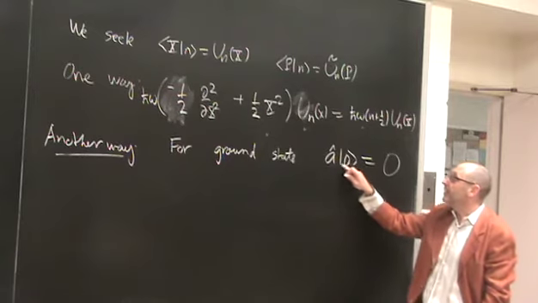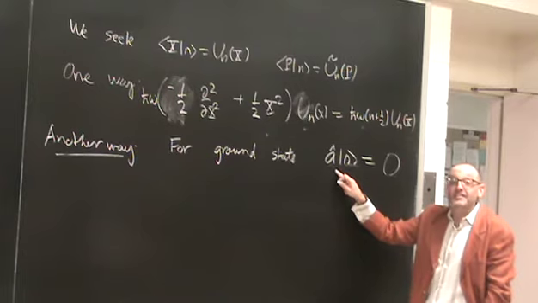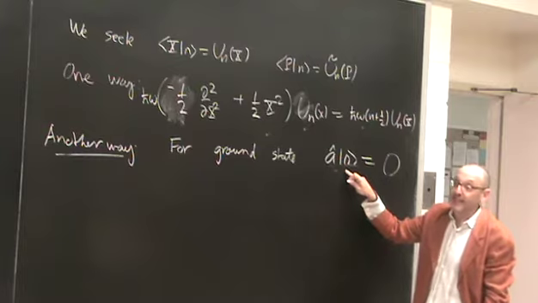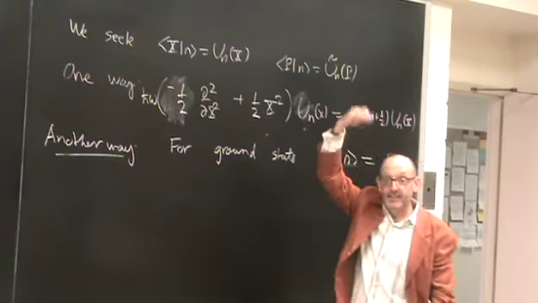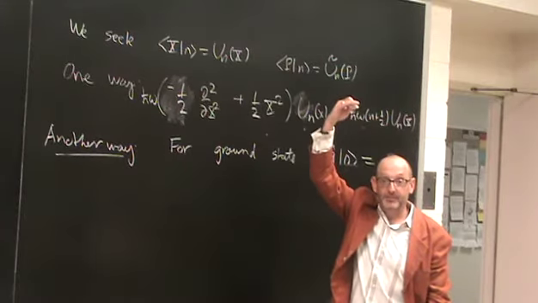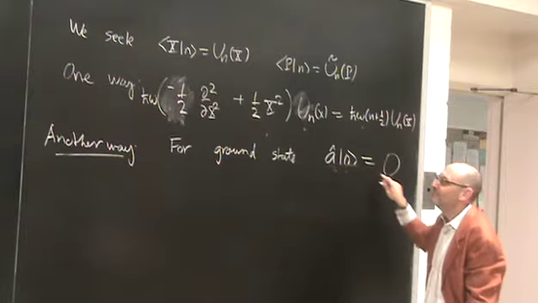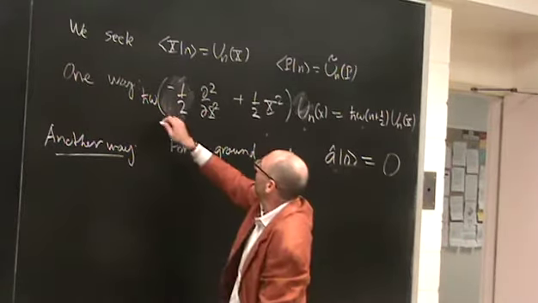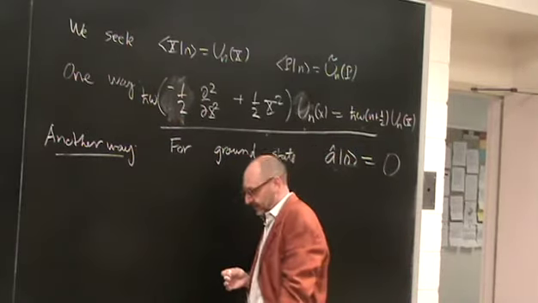And we can express this equation as a differential equation and just solve that. Once we have the ground state, we have all other states, because all other states are obtained by just raising that n times. So that's what we're going to do. It's much easier. But I agree, the other way is perfectly correct.